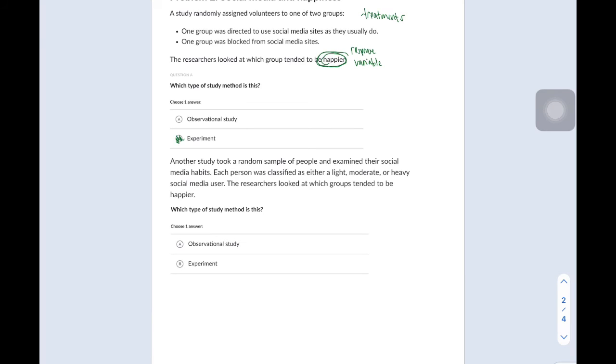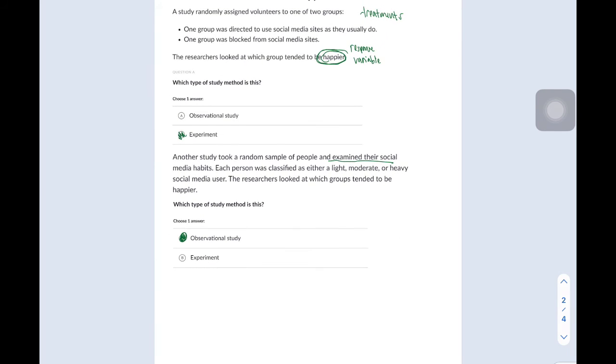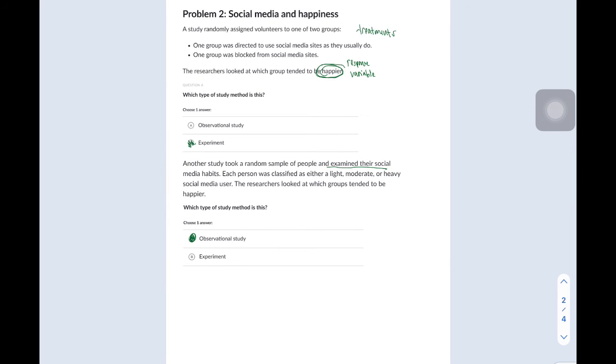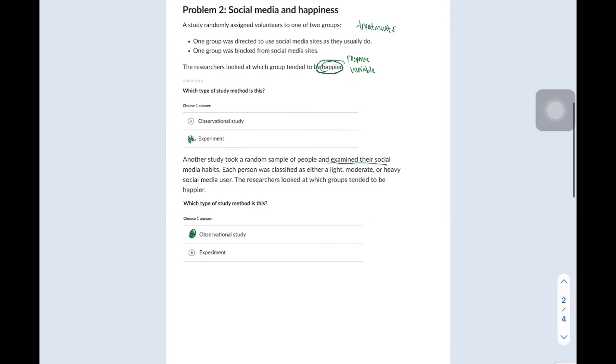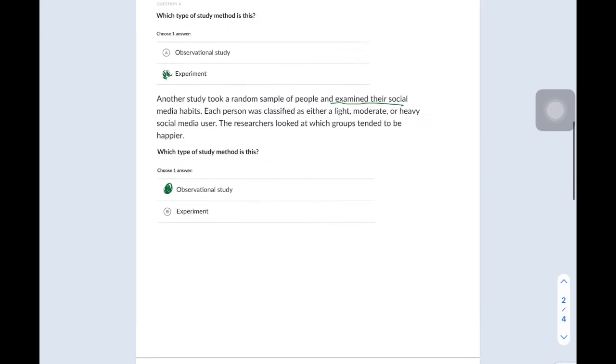So again, we examined their social media habits. We observed what their social media habits are. So this is an observational study. Based on what they were, we just said, okay, you're a light one, a moderate one, or a heavy one. But we didn't control that.